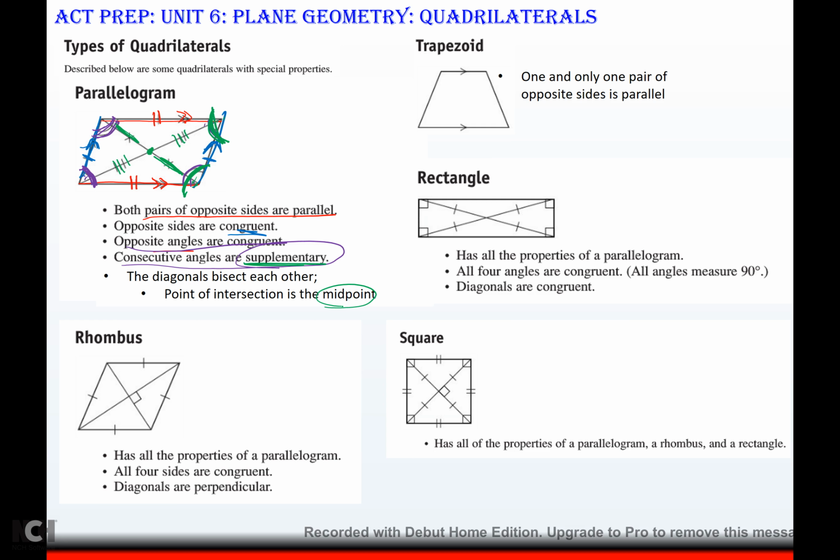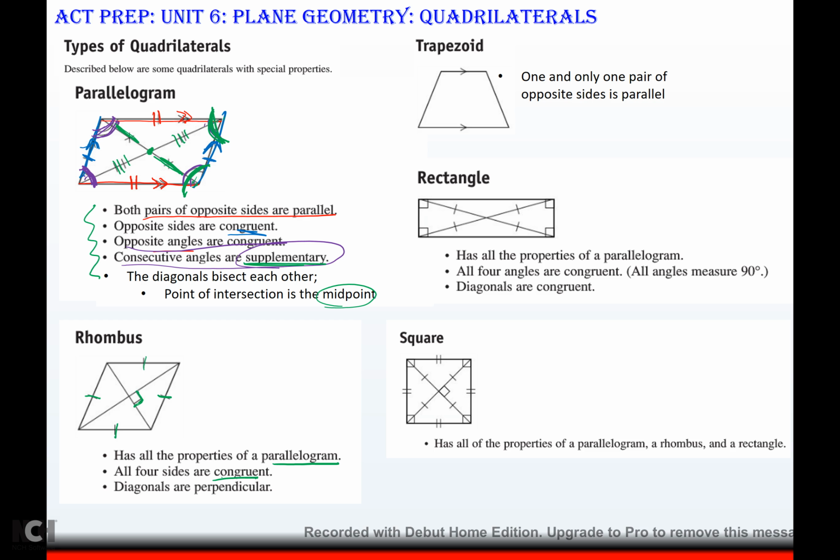Okay? A rhombus has all the properties of a parallelogram. So all of these things are true about it. Plus, all 4 sides are congruent, meaning not just opposite sides are equal, but all 4 sides are equal. A rhombus is kind of like a square, but it's kind of been shifted to the side. All 4 sides are congruent, and diagonals are perpendicular to each other.